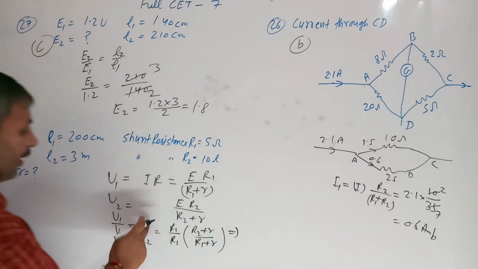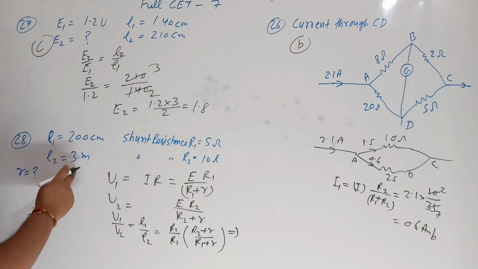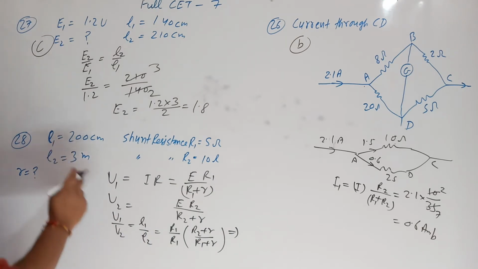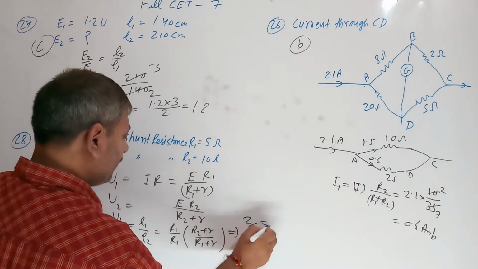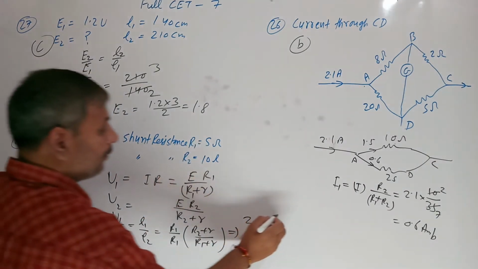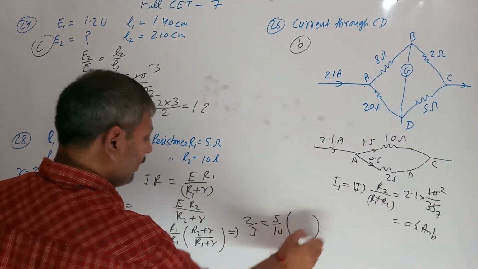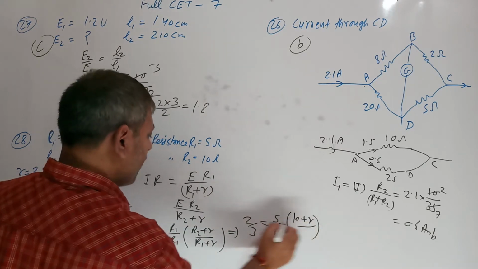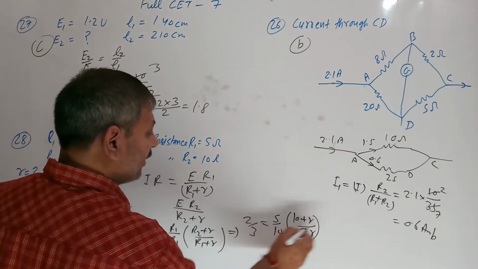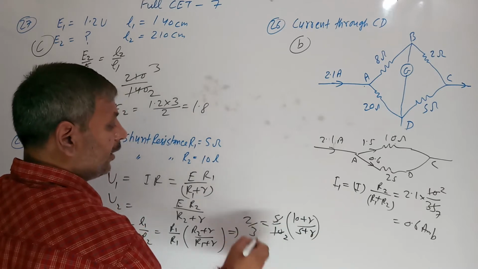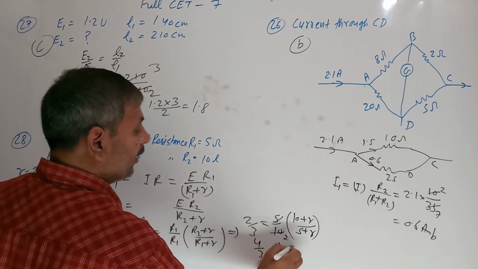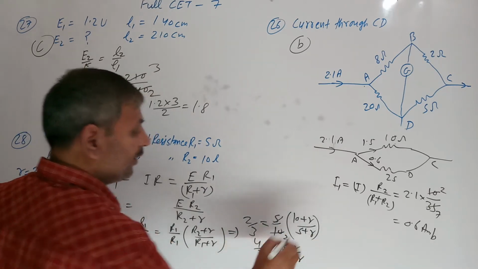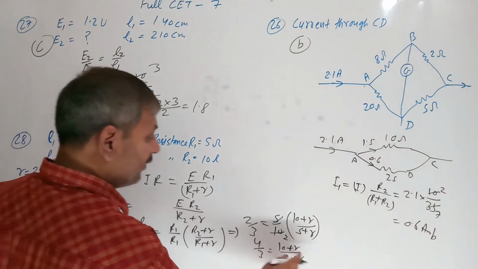So you can see here, L1 upon L2, 200 upon 300 centimeter, means 2 by 3. 2 by 3 is equal to R1 upon R2, 5 by 10, times 10 plus r upon 5 plus r. 5 2s are 10, so 4 by 3 equals 10 plus r upon 5 plus r. Simplify this.